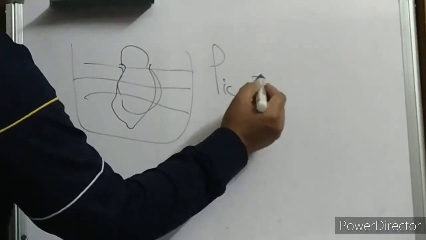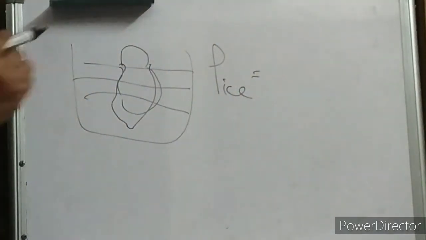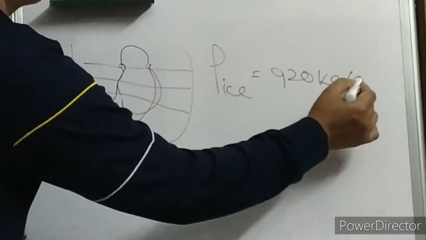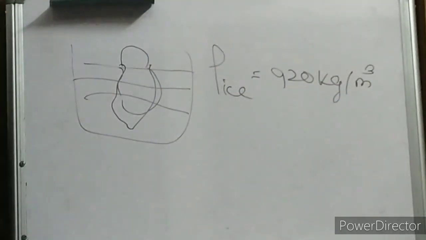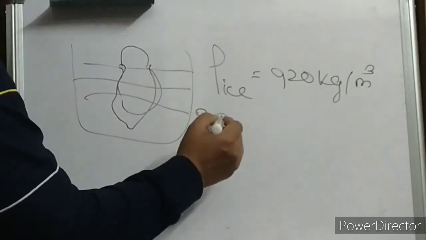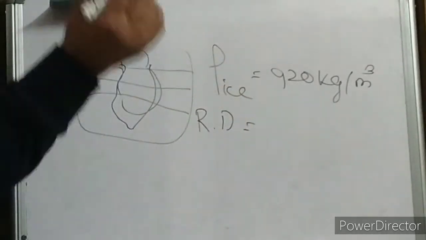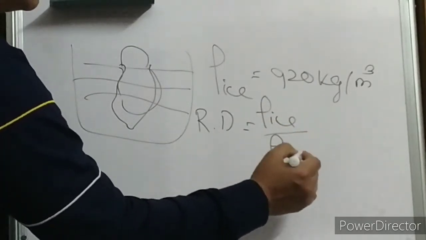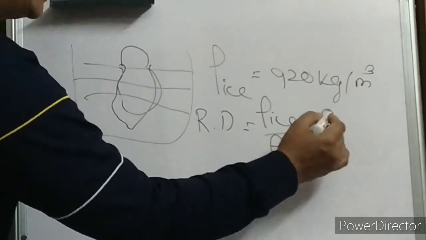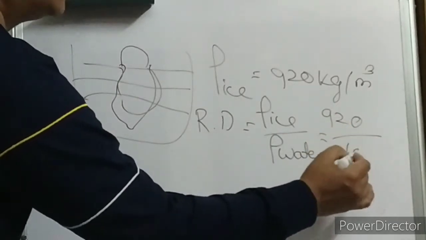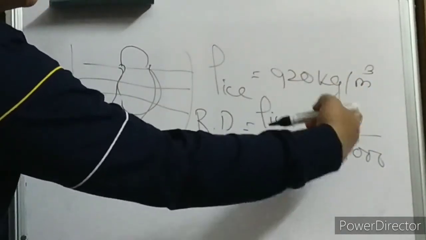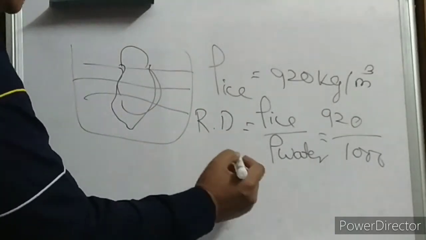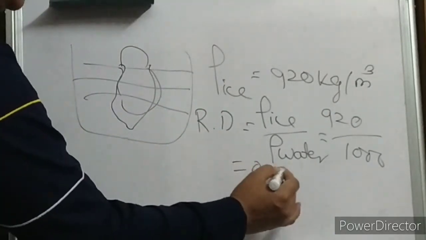What is the density of ice? Density of ice is 920 kg per meter cube. Okay, let me find out what is the relative density. Density of ice divided by density of water. Okay, children. So 920 divided by 1000, and no unit, kg per meter cube and kg per meter cube get cancelled. So relative density is equal to 0.92.